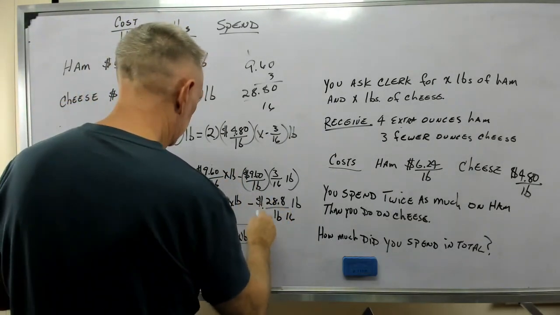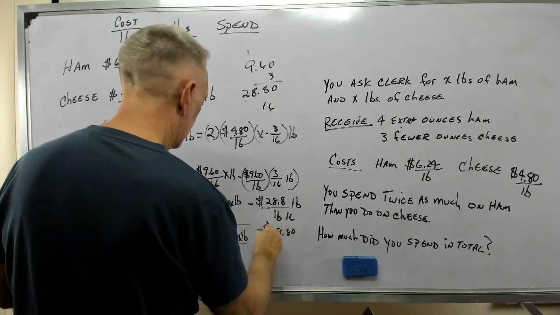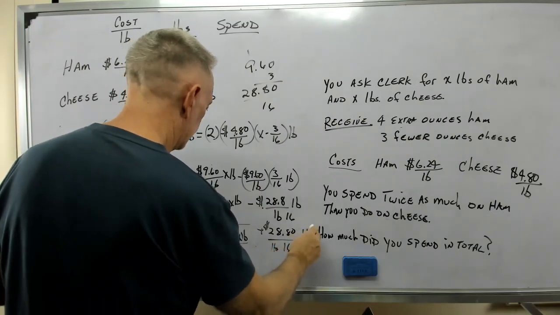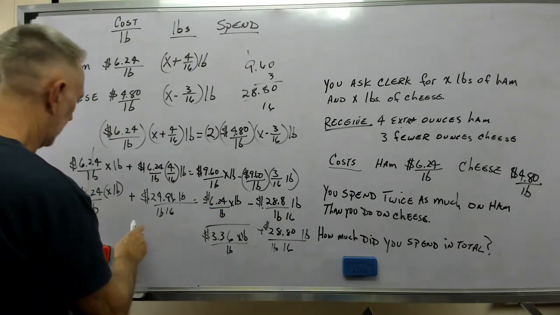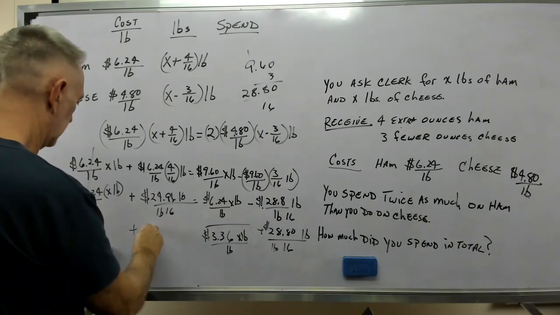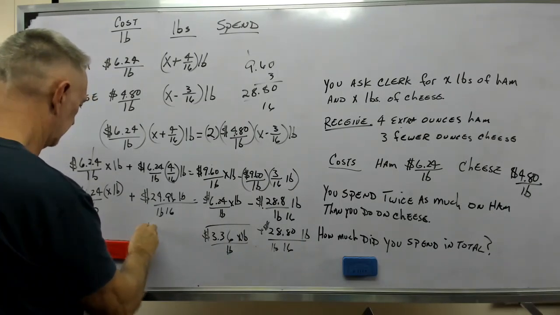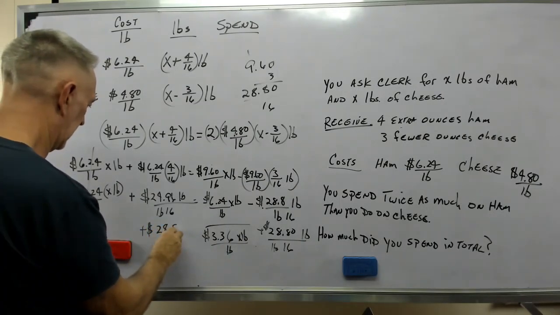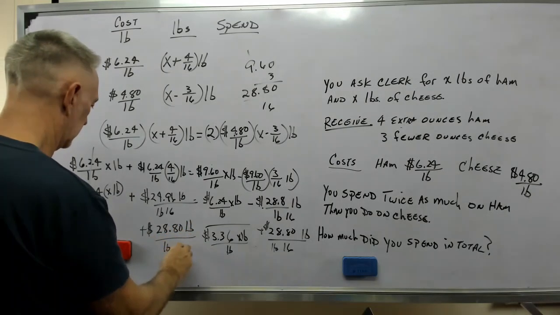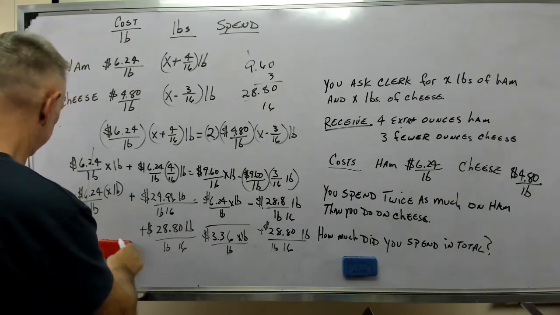Since this one's negative, I add 28.80 over 16. That's still pounds. And if I add it over here, 28.80 pounds per pound over 16.